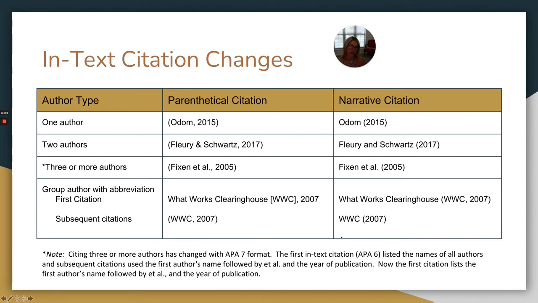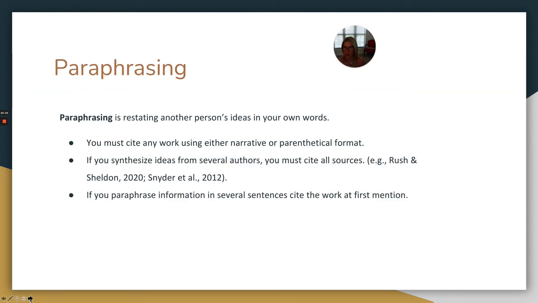And it's basically almost the same for the narrative. You would put in the parentheses, you would use the abbreviated form, comma, followed by the date. And so that's one of the major changes from APA 6 to APA 7 regarding the number of authors and how you would cite that within the body of your paper.